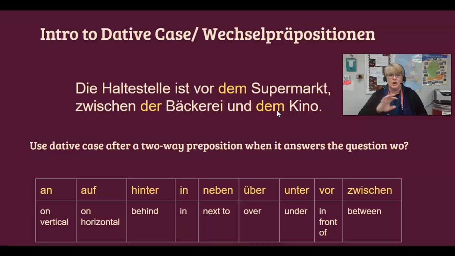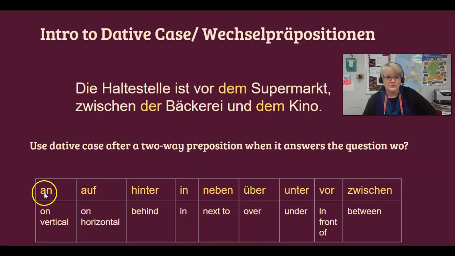And don't worry, two-way means sometimes they're accusative, sometimes they're dative, but in this chapter they're only dative, so that's all you have to worry about. Whenever you see these prepositions, they're going to be followed by the dative in this chapter because they've set you up for all of these phrases to be answering the question wo. Okay, location.